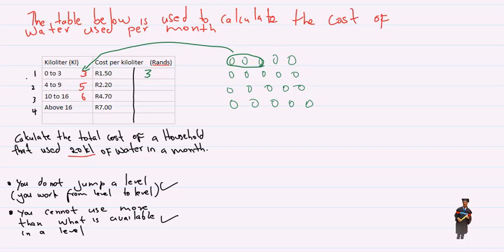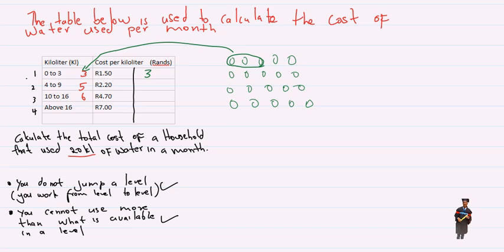So here level 2 does not allow us to use all these remaining 17 kiloliters, but it only allows us to use 5 or less. Our second condition says you cannot use more than what is available in a level. So how many are we going to use here? We are going to use 5 because level 2 only allows us to use 5.